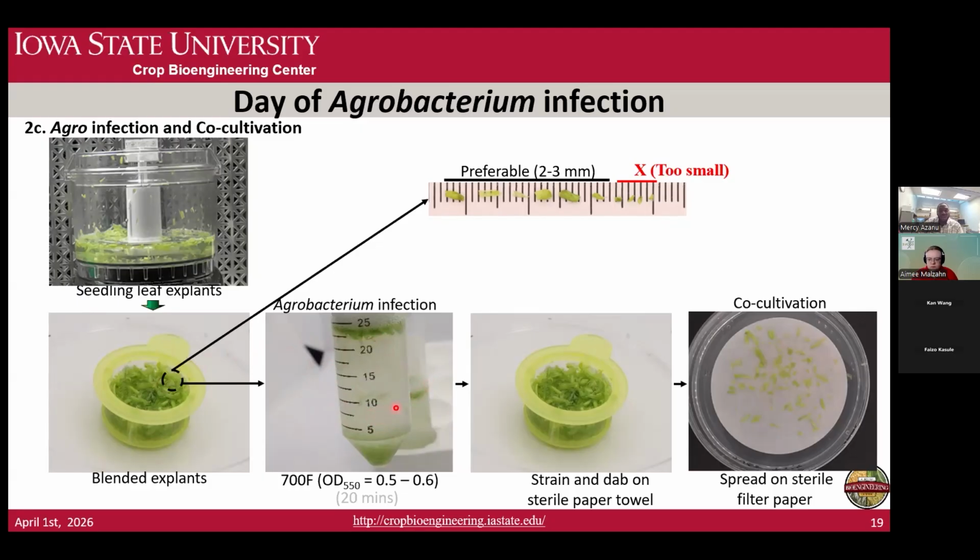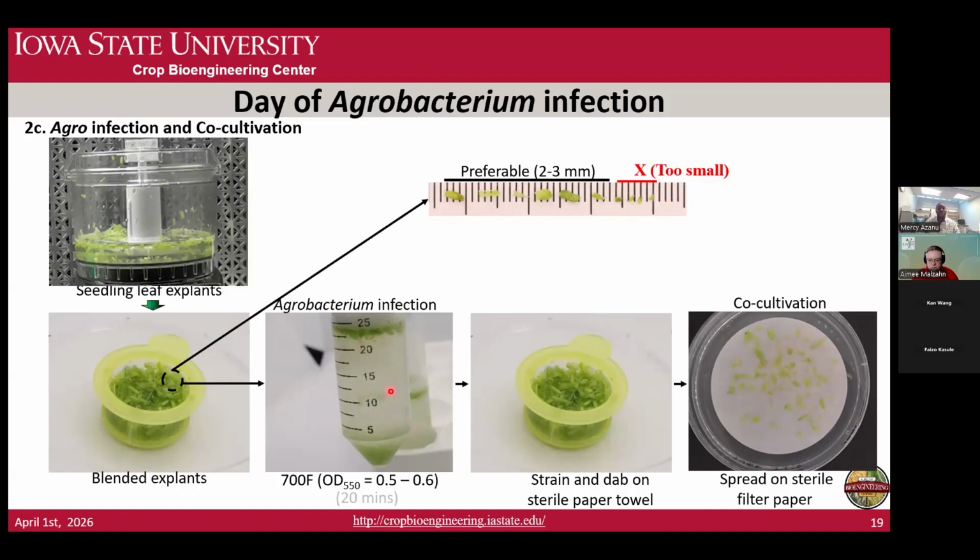You're seeing 2 Falcon tubes because you have 2 different constructs. After dipping them into the Agrobacterium solution, the preferable OD is between 0.5 to 0.6. To increase the T-DNA integration, we put our Falcon tubes onto a shaker and rotate them at 70 RPM.